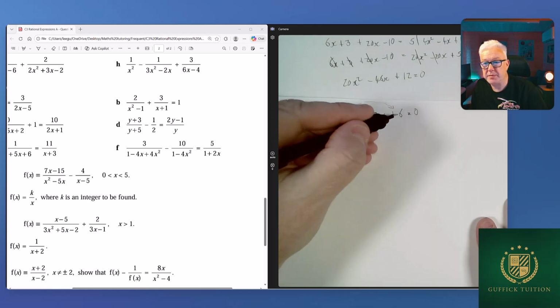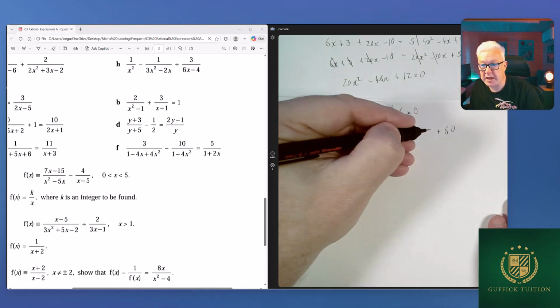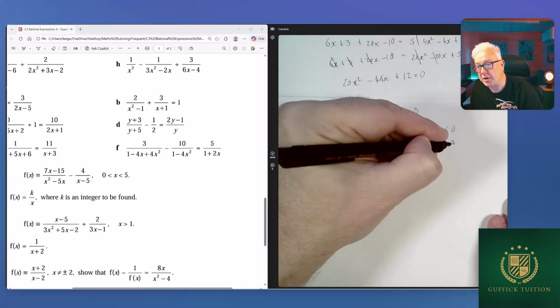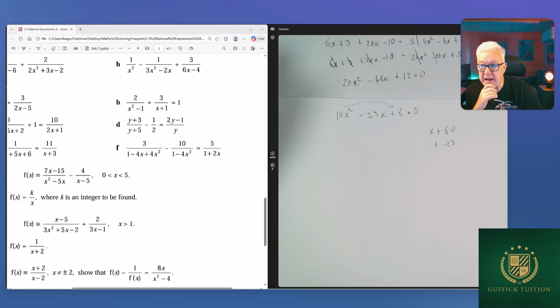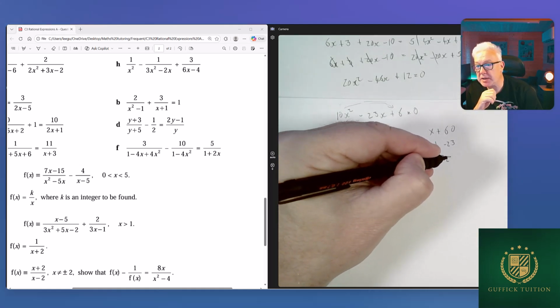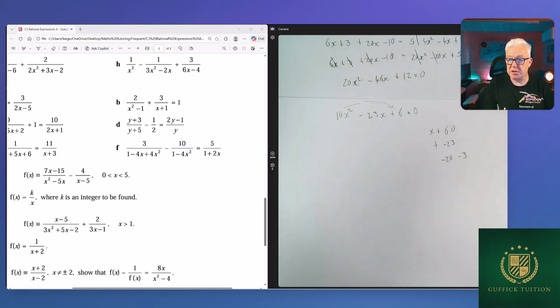So 10 times 6 is 60. So I'm looking for two numbers that times together to make plus 60, but add together to make minus 23. So they're both going to be negative. So let's think about what if we had minus 20 and minus 3. Well, 3 times 20 is going to be 60, and minus 20, so that looks like that's appropriate factor pair there.